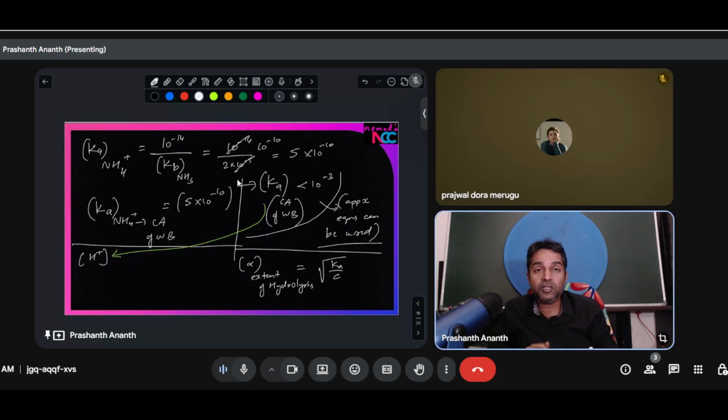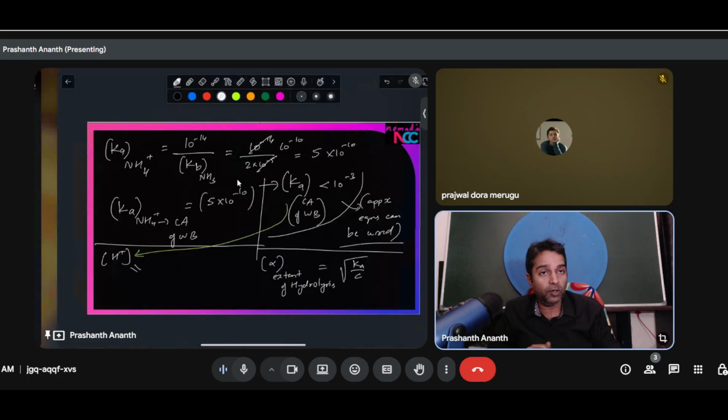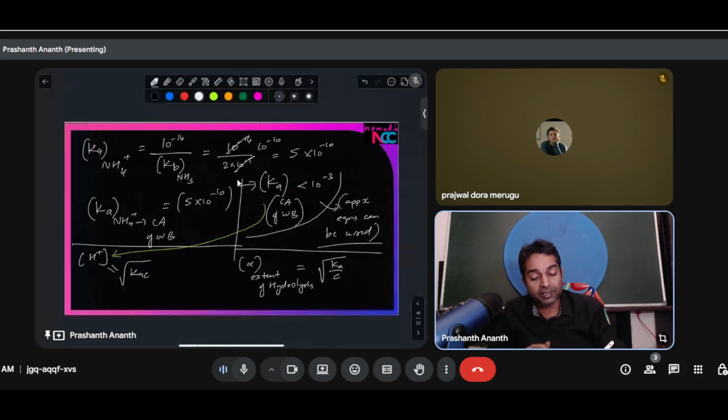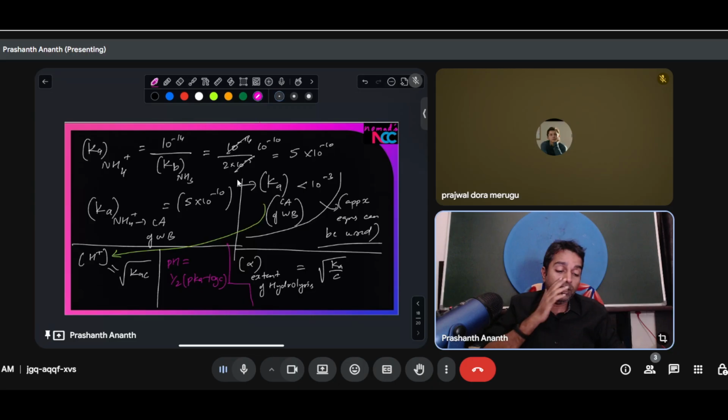Okay, so the H plus concentration in this particular case works out simply as square root of Ka into C. Same weak acid equation is applicable. And lastly, the extension of this, pH is going to be equal to half into pKa minus log C. So we can apply all three of these equations here.